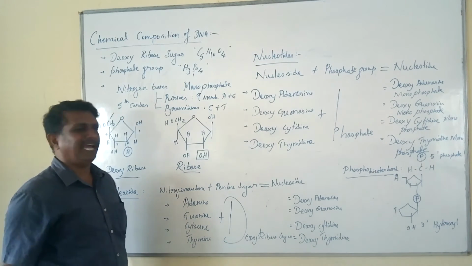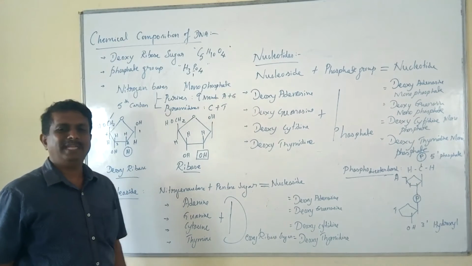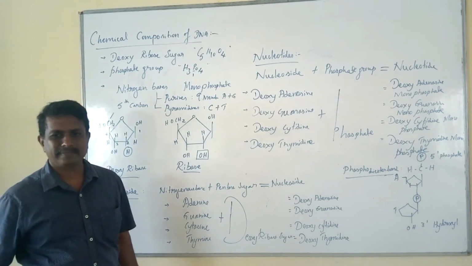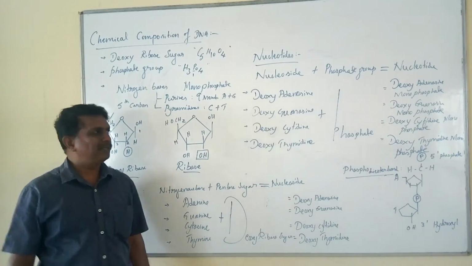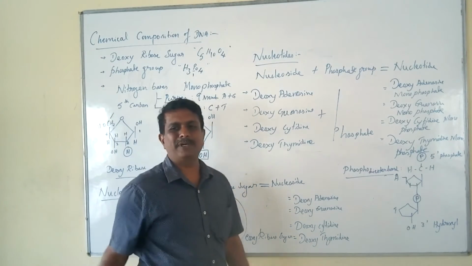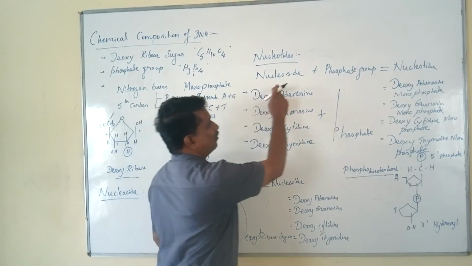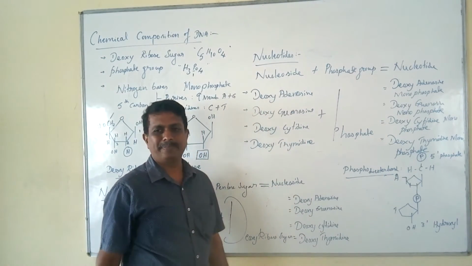The next important aspect is called nucleotide. The nucleotide is defined as the complex produced by the combination of nucleoside with the phosphate group.